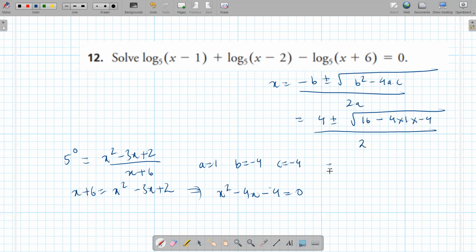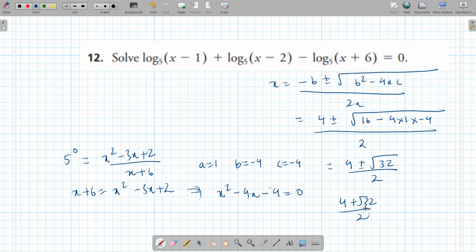Yeah. So I'm just going to plug that root bit in the calculator. 16 plus 16 is going to be root 32. 4 plus minus square root of 32 over 2. So the answer is 4 plus square root of 32 over 2.